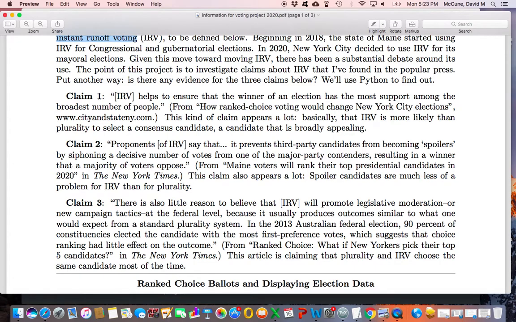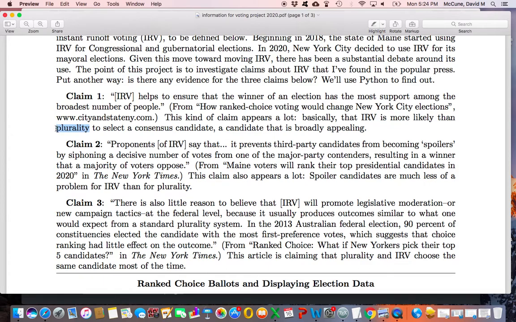Okay, so claim 1 that people make about instant runoff voting. Instant runoff voting helps to ensure that the winner of an election has the most support among the broadest number of people. You will see claims like this appearing all the time in the popular press. Basically, the claim is that instant runoff voting is more likely than plurality, and plurality, I should say, is the regular voting method, just most votes wins, right?